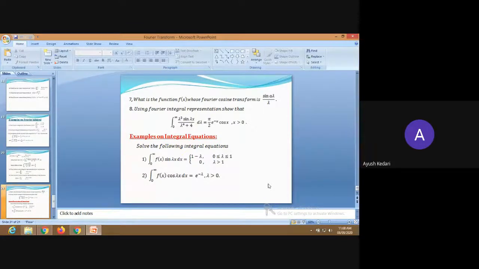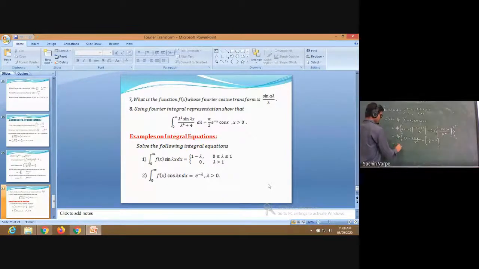Please check. So here this will be plus 2 by pi times 1 upon x minus sine x upon x square.